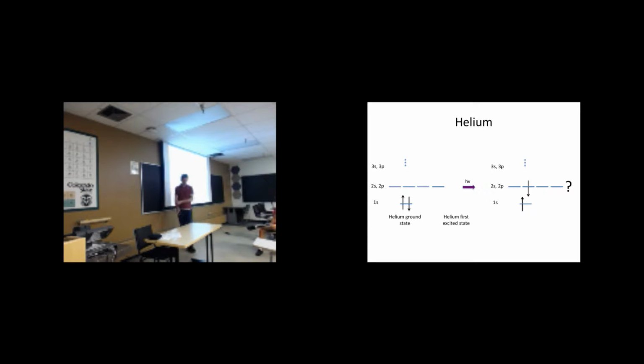We excite one of the 1s electrons into an n equals 2 state. But this picture has some issues with it. Does anyone have any clue what is potentially wrong with the right-hand side here?